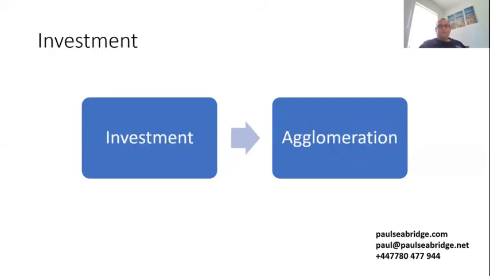And I guess another common structure that I use a lot is for business owners that are looking for investment, and this is a key one really for how to pitch the agglomeration. So from my point of view, they might be coming to me saying, I need £500,000 to go and invest in X, Y, or Z, open a new factory, buy a business, invest in sales and marketing, and you can pitch agglomeration and the benefits of that.